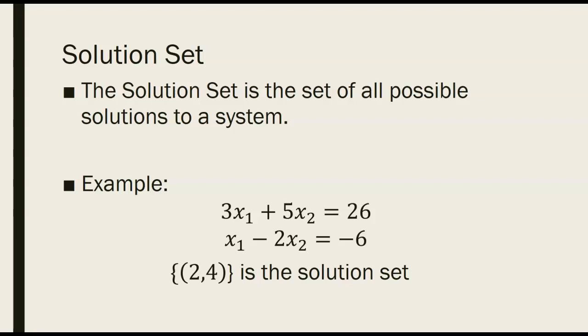So the only solution is this ordered pair, and the set containing that one thing is the solution set. But there are going to be other systems where we could end up with lots of solutions. And so the set of all solutions may contain, for instance, infinitely many ordered pairs. All right, so the set of all solutions is a solution set.